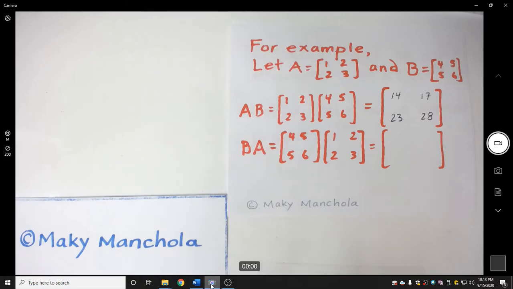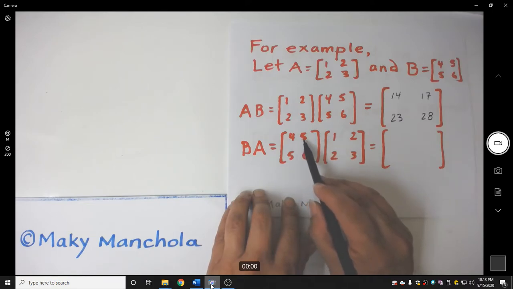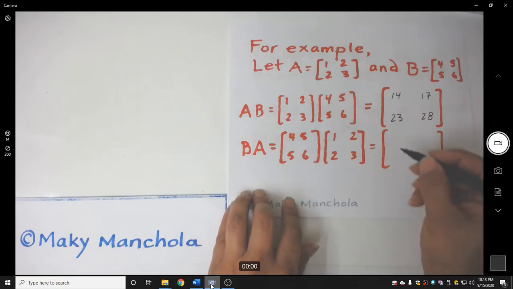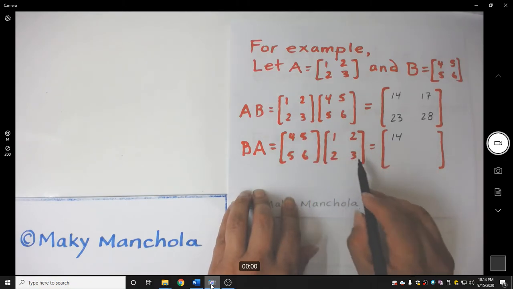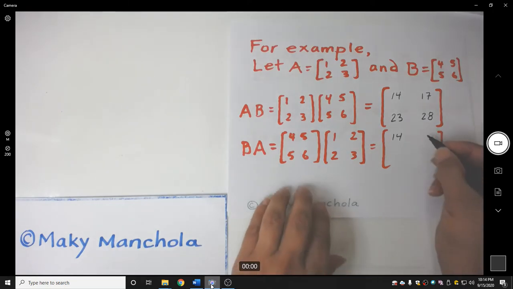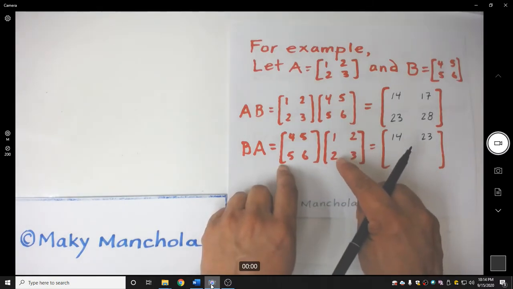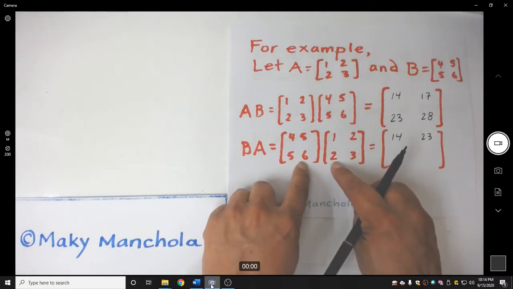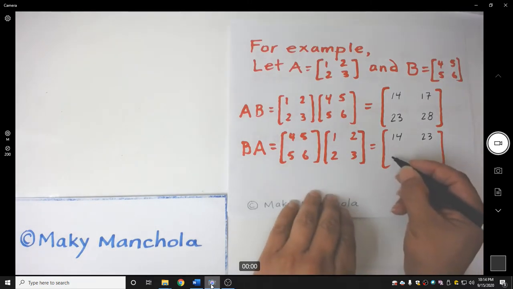Now let's do the reverse multiplication. B times A. 4 times 1 plus 5 times 2 is 14. 4 times 2 is 8 plus 5 times 3 is 15. 8 plus 15 is 23. 5 times 1 is 5 plus 6 times 2 is 12. 5 plus 12 is 17.